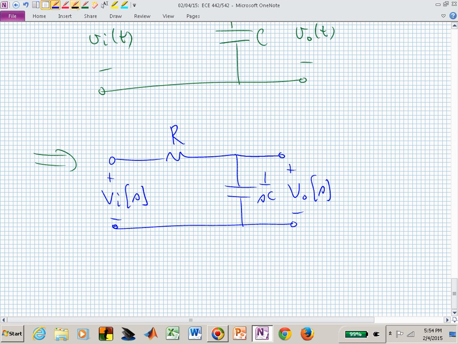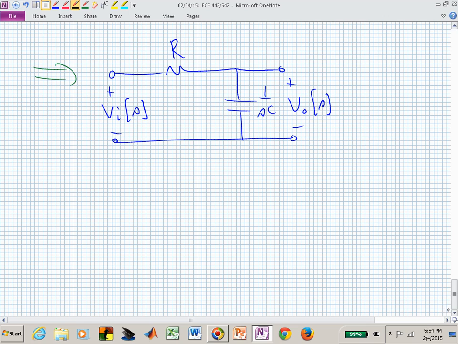which allows us now, if you see it right away, that could be just a voltage divider to find V naught of S in terms of V sub I, or you could write KVL equations and then solve for V naught of S in terms of the current through that series branch.